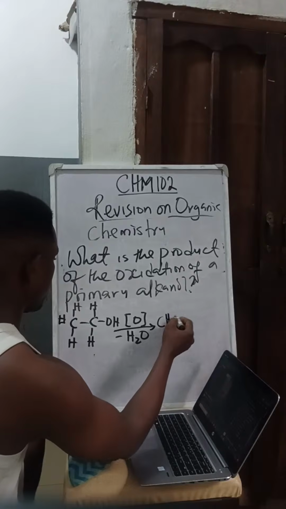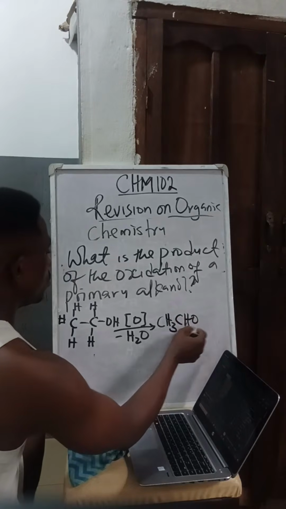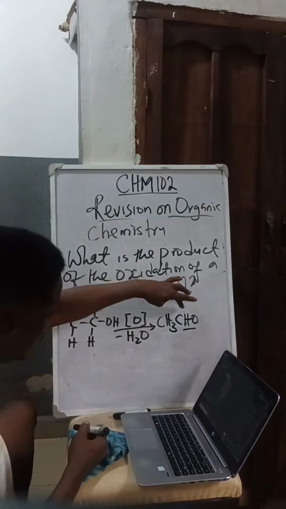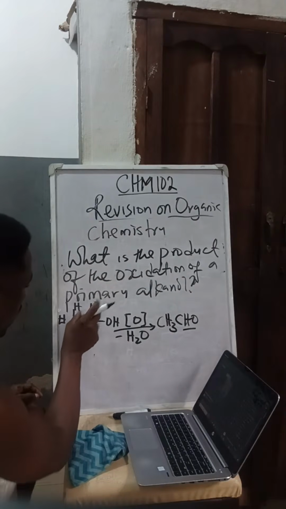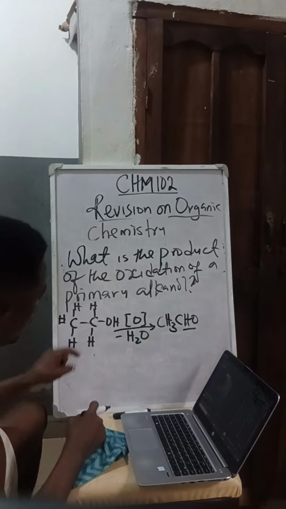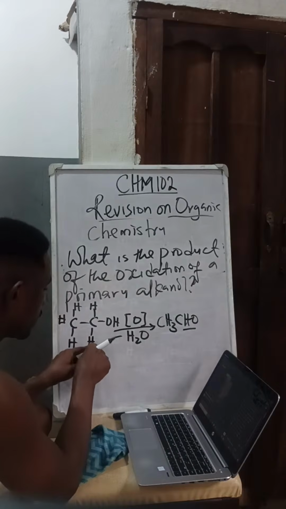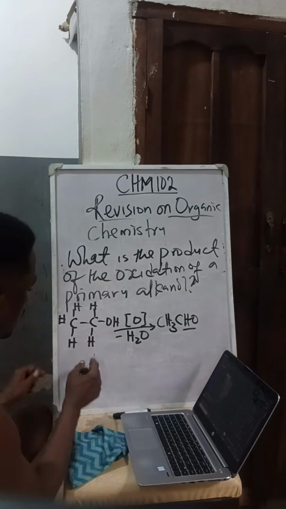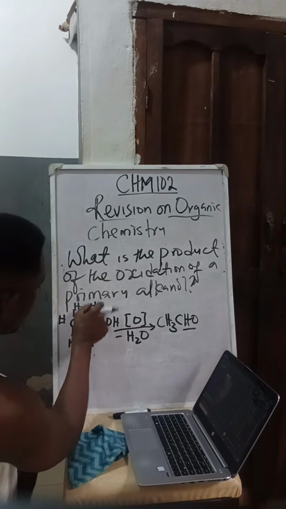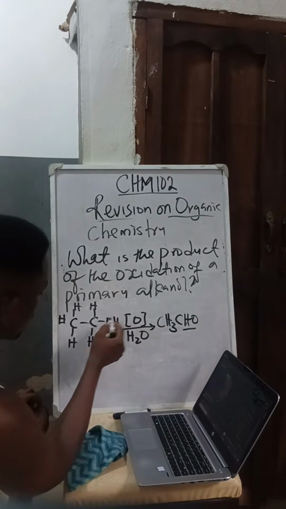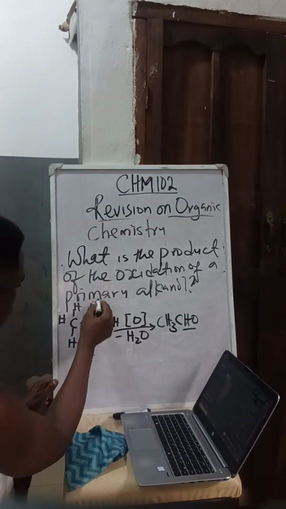So we'll now have CH3CHO. How? One hydrogen will go, then this hydrogen goes also. We'll be left with this hydrogen and see what happens. As this hydrogen is leaving, this one is leaving. Remember, let's pick this alone.